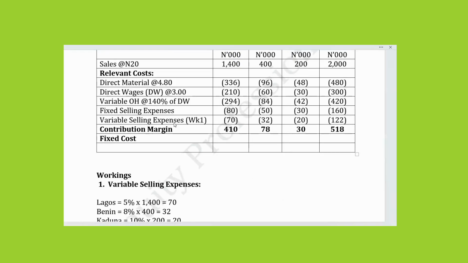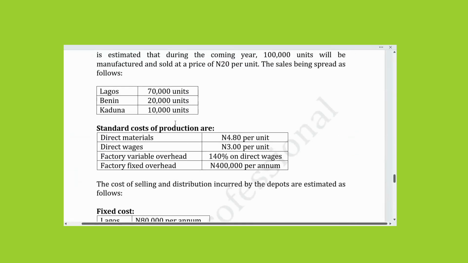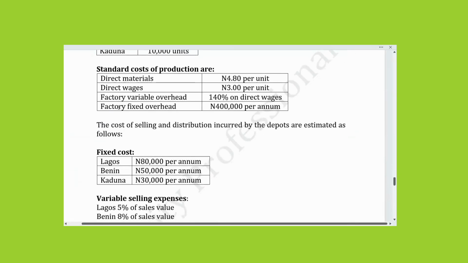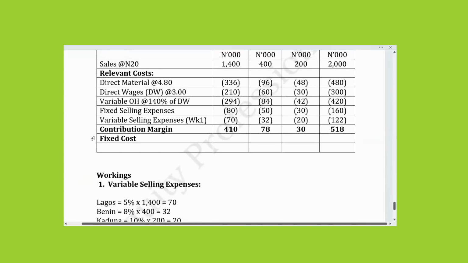Okay. So in the question, we are given factory fixed overhead of 400,000 naira. That factory fixed overhead is not related to any of the depots. It's a general fixed overhead. Therefore, we are supposed to apportion it in order to determine your profits.